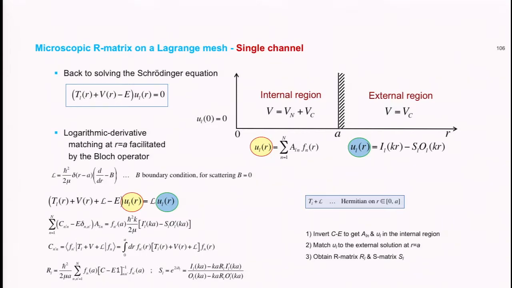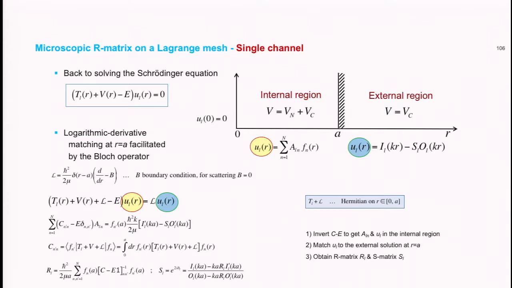And so now we need to match not only the values but also the derivative. So we can say we need to match the logarithmic derivative, and that is facilitated by introducing this so-called Bloch operator, which acts exactly on the boundary. So you have a delta(r minus a), so it's non-zero only at the boundary, and it involves a derivative with respect to r, which guarantees the matching of the logarithmic derivative.